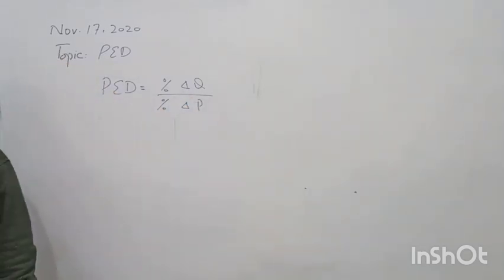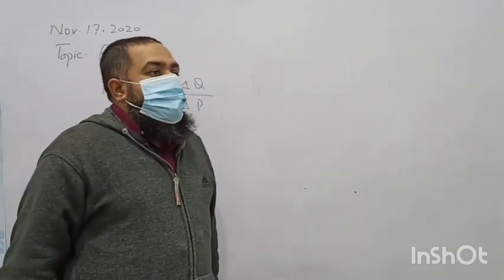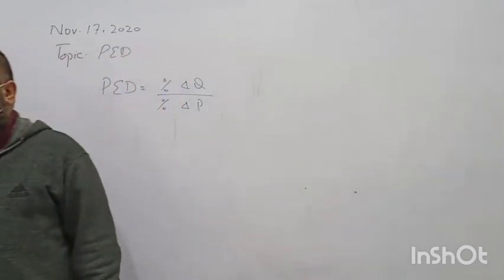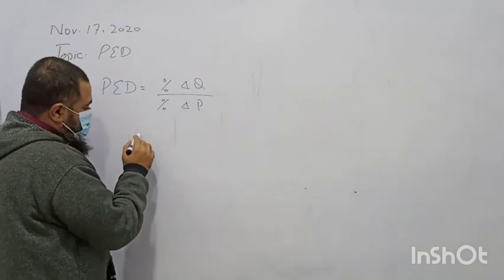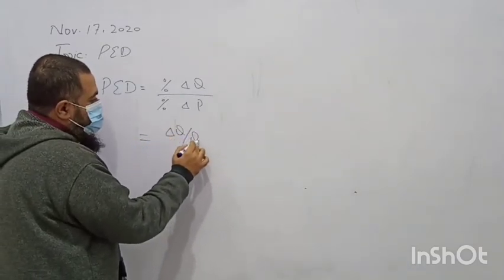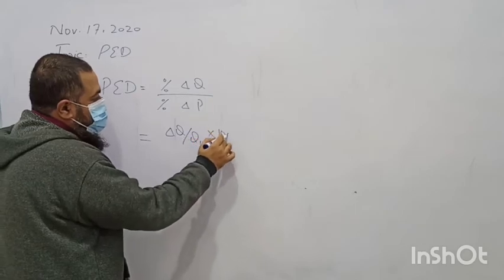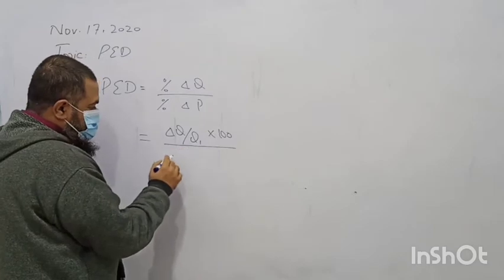Basically, this is the formula of price elasticity of demand. I am giving you another form of measuring it. How do we measure percentage change in quantity? Change in quantity over original quantity times 100. And percentage change in price?